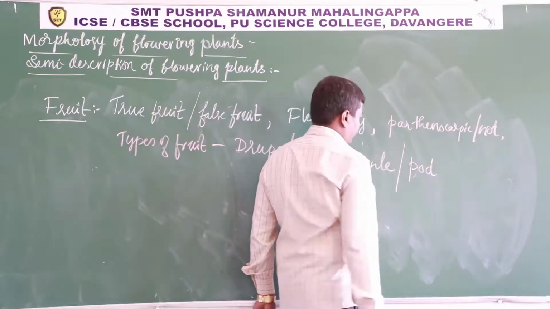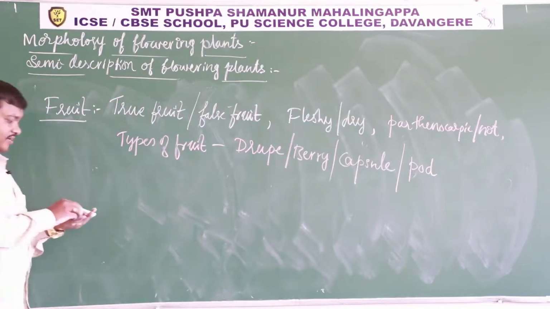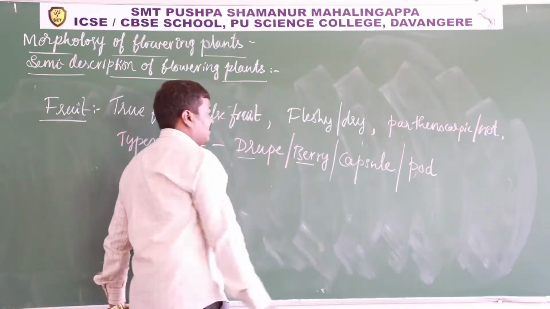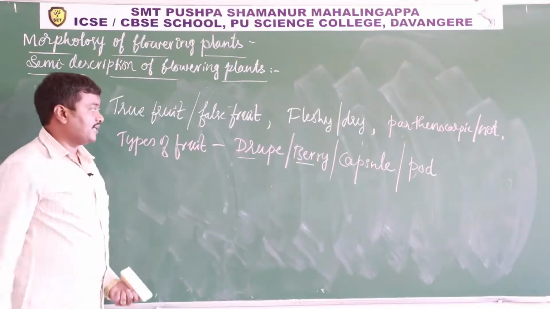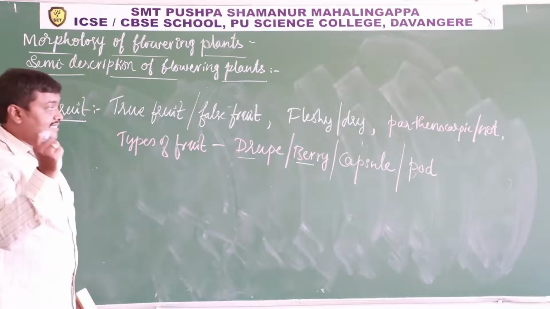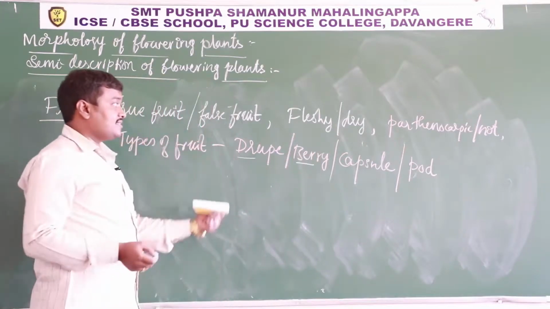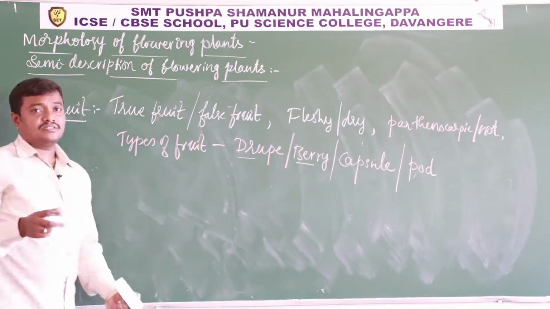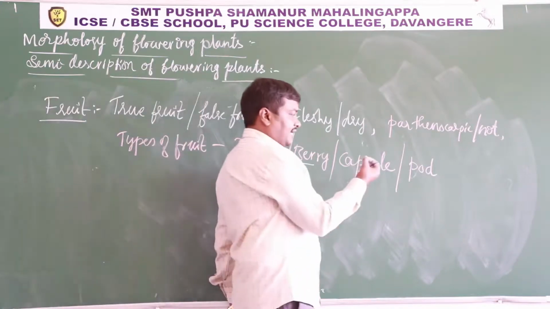I already discussed drupe and berry when we studied fruits. A drupe develops from a single ovary with a single seed. A fleshy fruit with many seeds is a berry. A capsule is a dry dehiscent fruit: the fruit dries, has many seeds inside, and it can be opened.